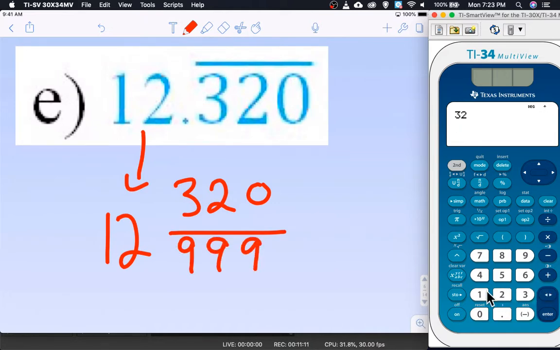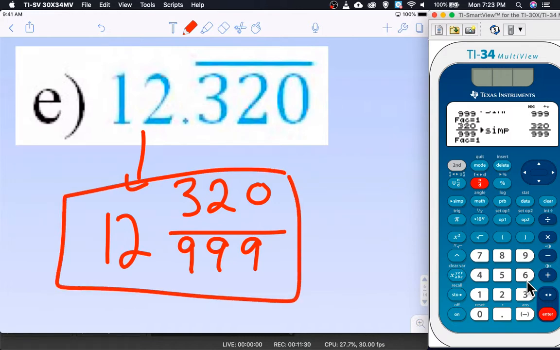And you could always try to simplify the fraction if you wanted. This does simplify, I can see. I can divide top and bottom by 3. No? Oh, no, I lied. I guess it doesn't simplify. So that would be done.